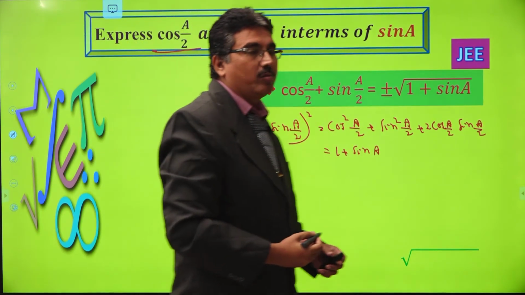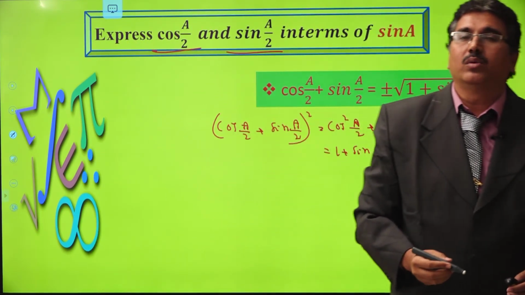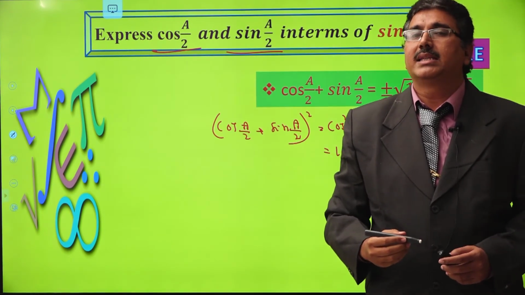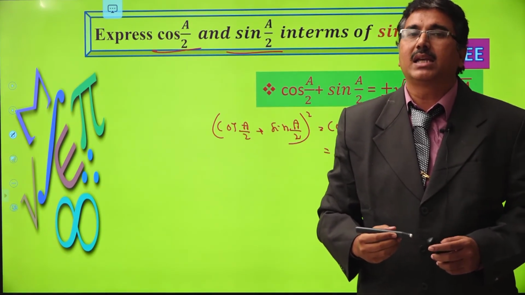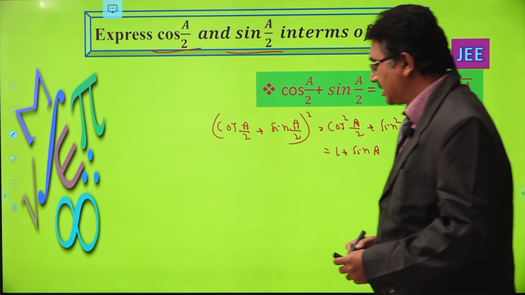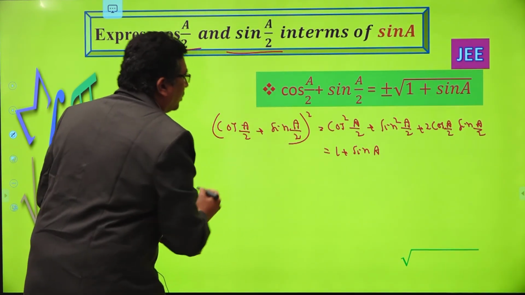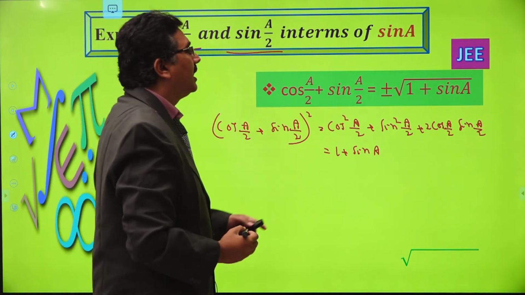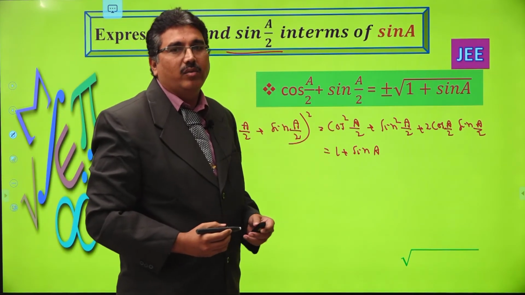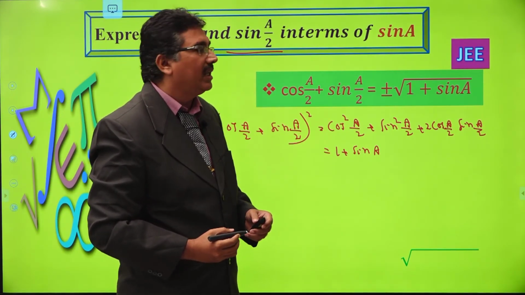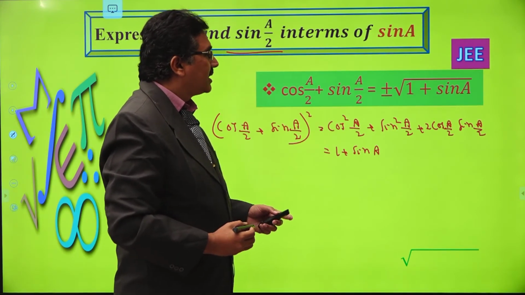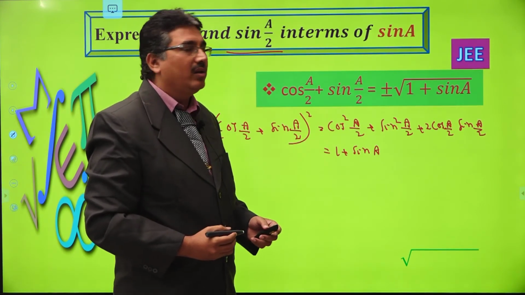Cos a by 2 plus sin a by 2 whole square is equal to 1 plus sin a. That implies cos a by 2 plus sin a by 2 is equal to plus or minus square root of 1 plus sin a. Okay, this is useful in calculus also.